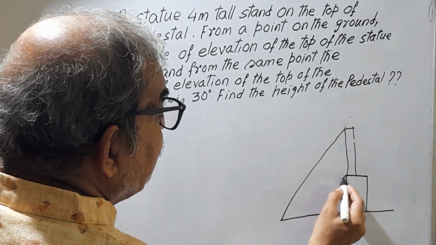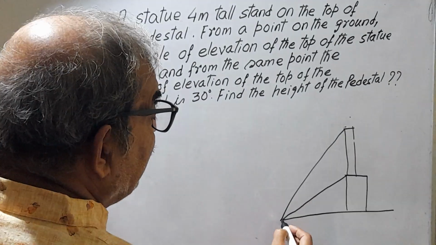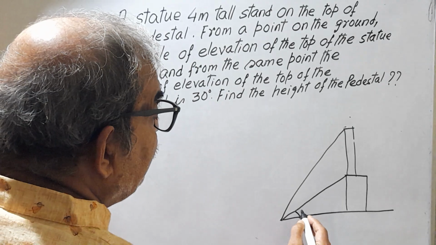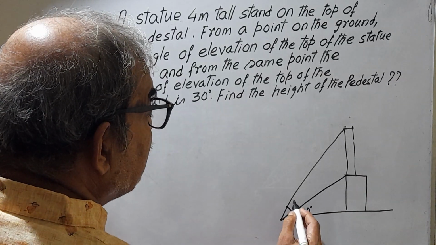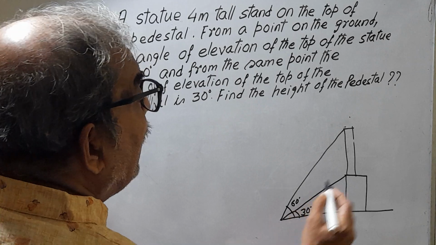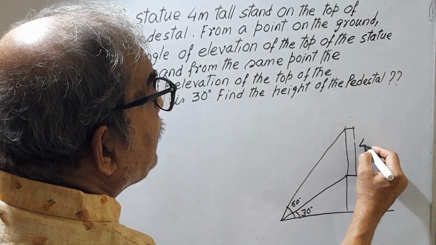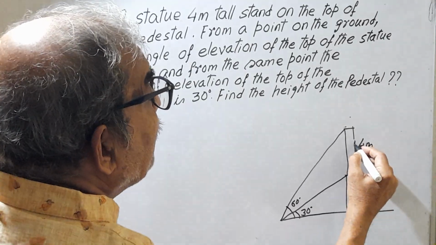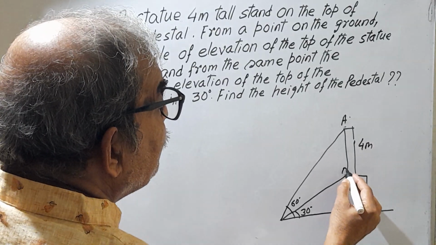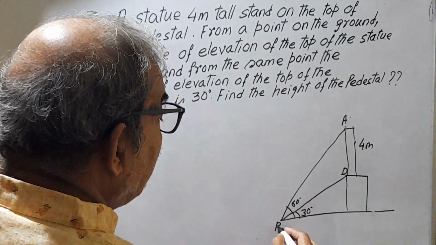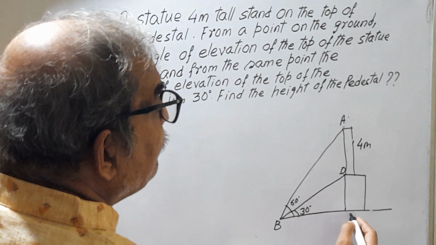This is 30 degrees and this is 60 degrees. It is given according to the question, and this is 4 meter. Clear? This name is A, this is D, this is B and this is C.